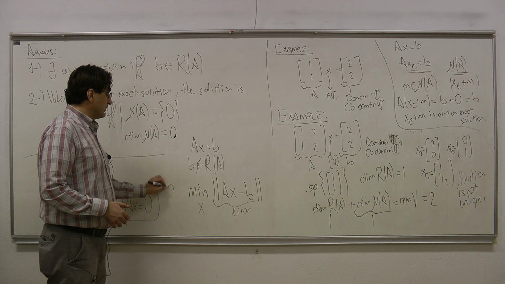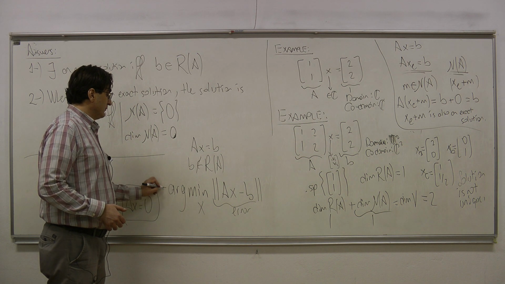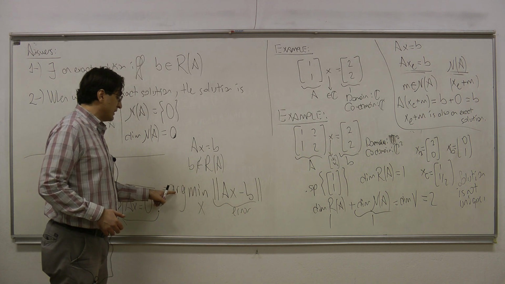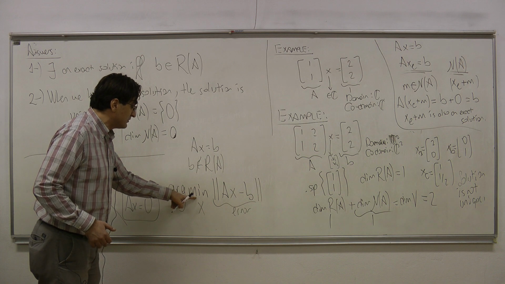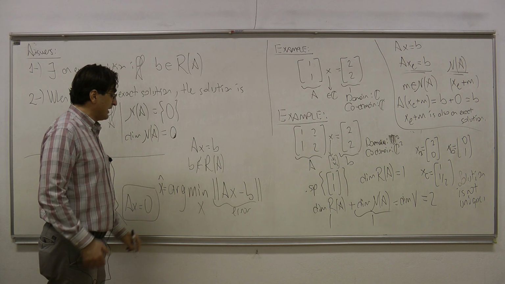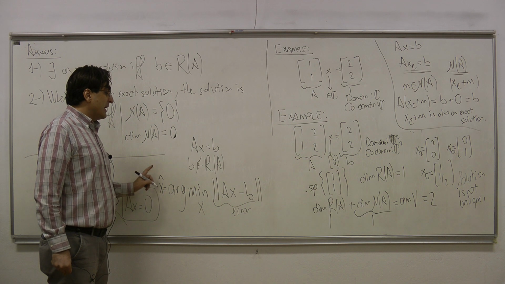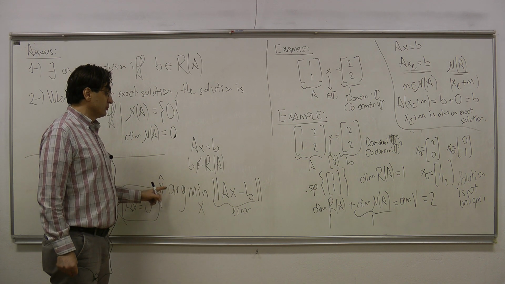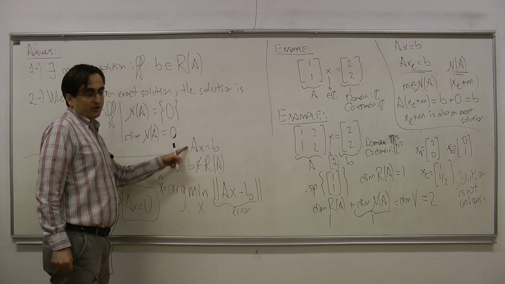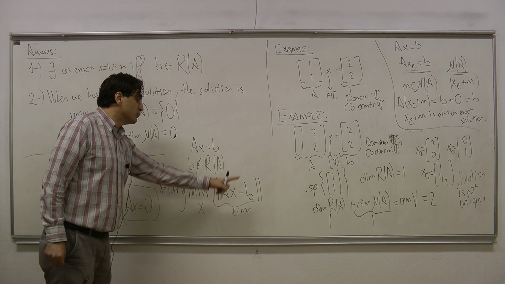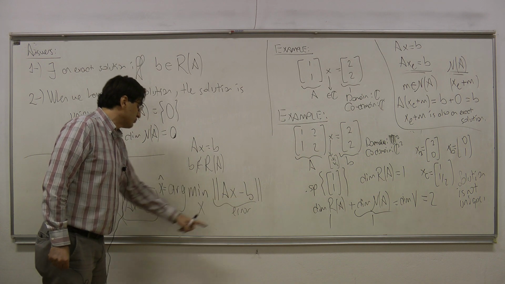If I find a solution like this, if I find an x which minimizes this cost, that is called the argument of the minimization, and I will call it x-hat. That x-hat is going to be called the minimum error solution of this equation. The equation doesn't have an exact solution, but it might have a minimum error solution.